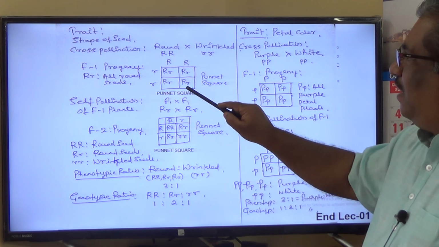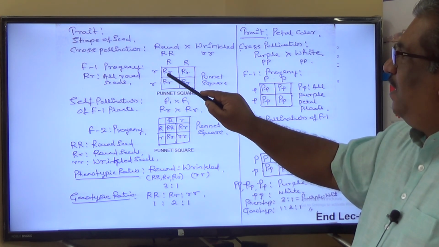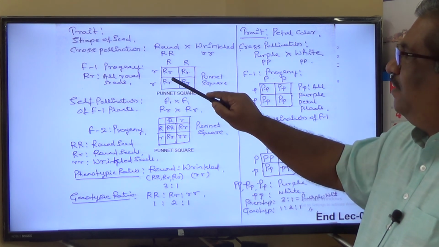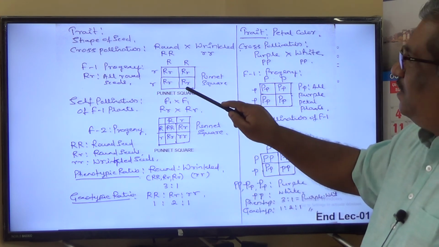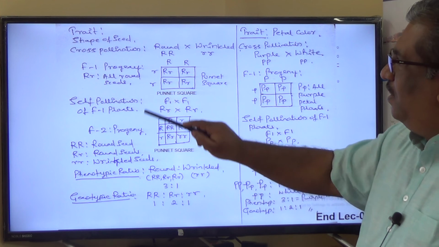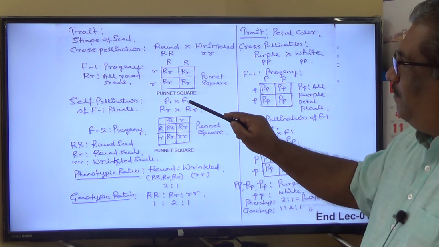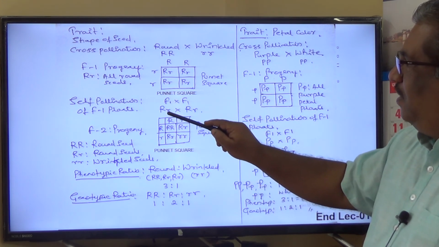Rr. All of these are round seeds, because only a single capital R is enough to make the plant produce all round seeds. So all round seeds are produced in the F1 progeny. Self-pollinate these plants. F1 cross F1 means self-pollination of the F1 progeny plants.